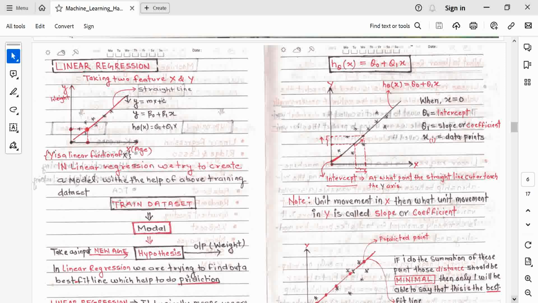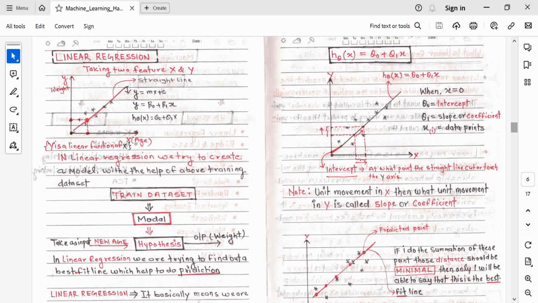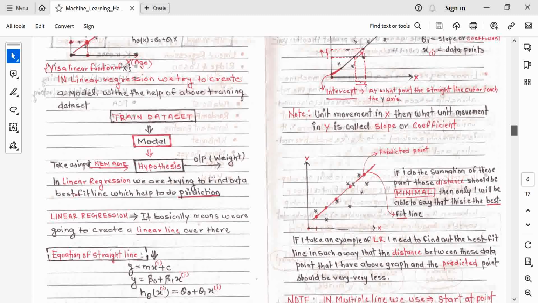First of all we train the model on the dataset, and the model takes new input, which is taken as the hypothesis, and the output is the predicted value.